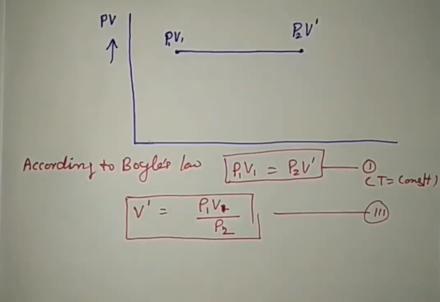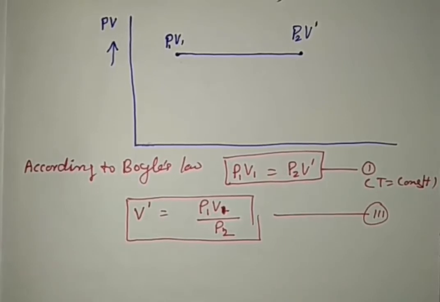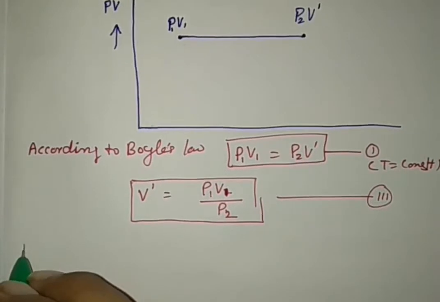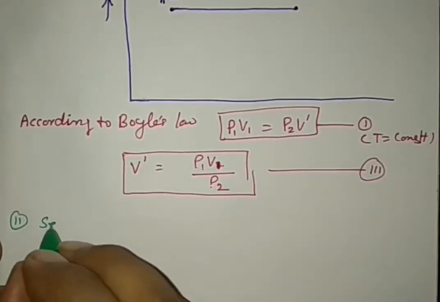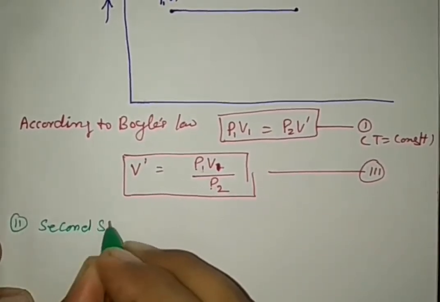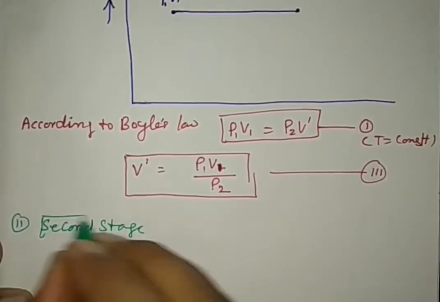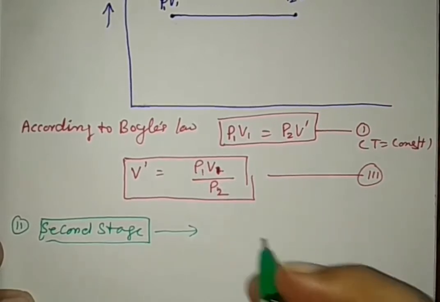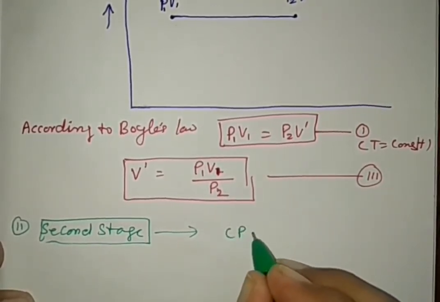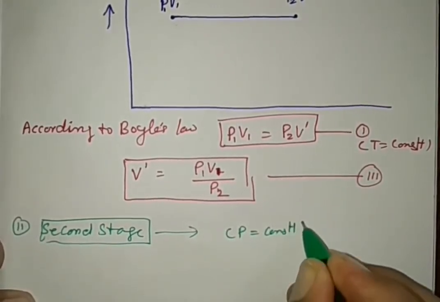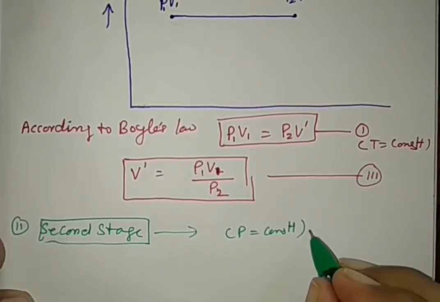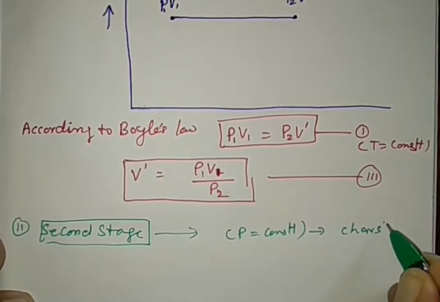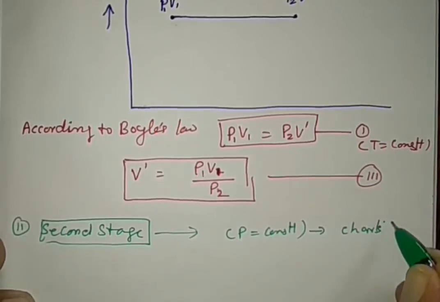Now the same thing we will change under a different condition, and it can be understood in the second stage. In the second stage we are keeping P constant, which means it is working under Charles' law.